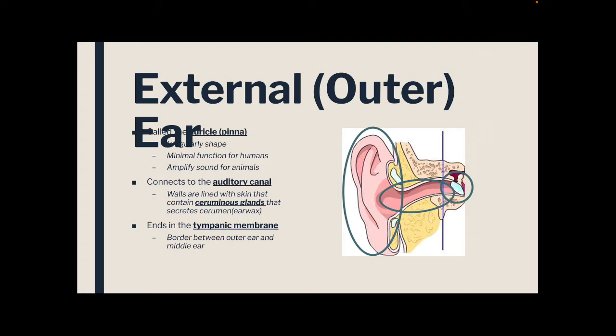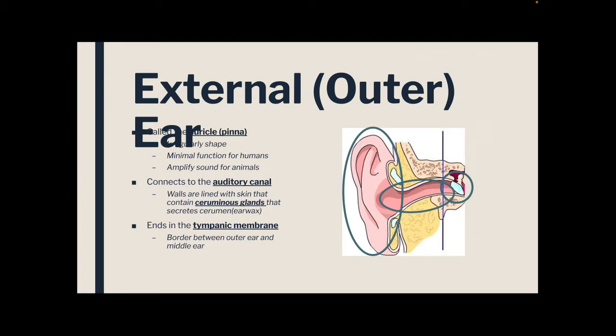The ceruminous glands secrete something called cerumen, which is also known as your earwax. This earwax is really good because it actually lubricates and protects your ear. Earwax can catch any dirt or grime that might go into your ear and cause some kind of infection. Instead of allowing it to go into your middle ear or inner ear, it can catch it and prevent that from happening.